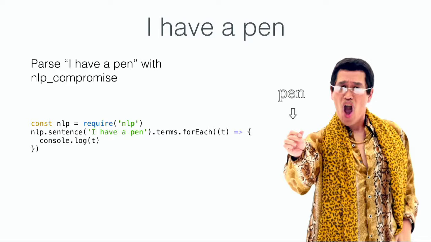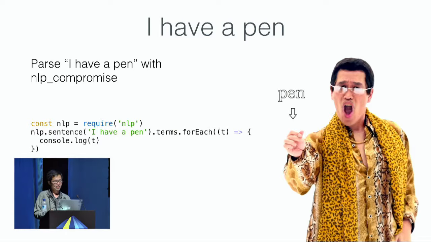I have a pen is a really popular song, and you can parse I have a pen with NLP Compromise. And this is how you do it. You have to require the NLP Compromise package. I made a mistake there, it's actually nlp underscore compromise. Get a sentence, pass through the terms, and log out to see what kind of term it is.